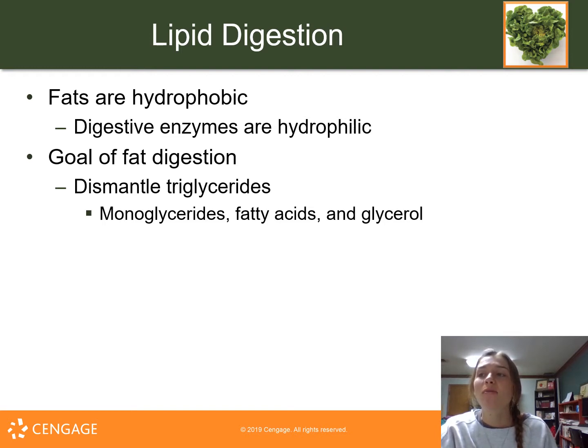Each day with your food, you consume between 50 to 100 grams of triglyceride, 4 to 8 grams of phospholipid, and 300 milligrams of cholesterol. And the goal of fat digestion is to dismantle those triglycerides into the smaller subunits, monoglycerides, fatty acids, and glycerol.